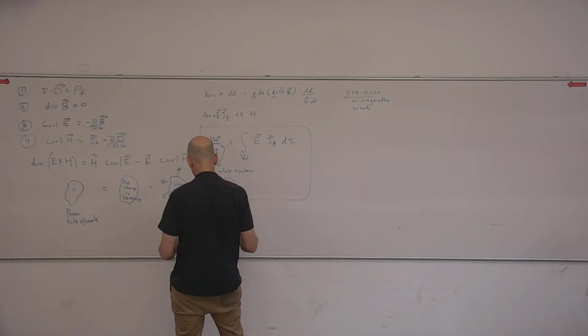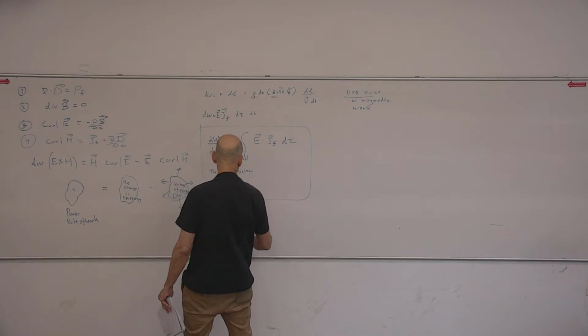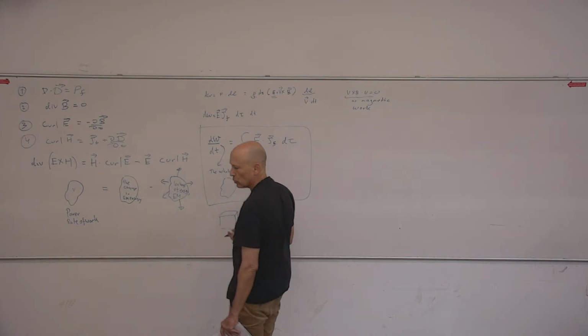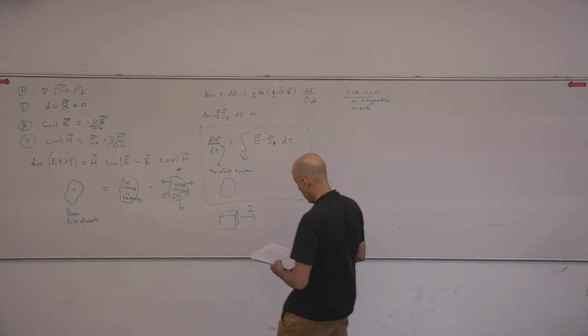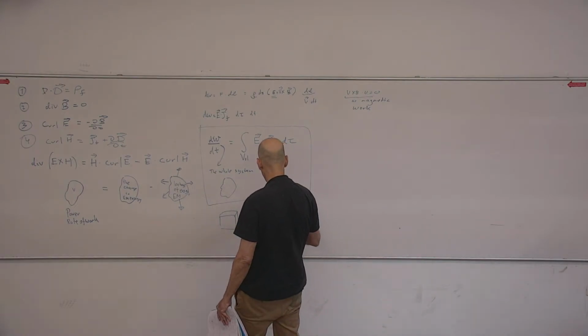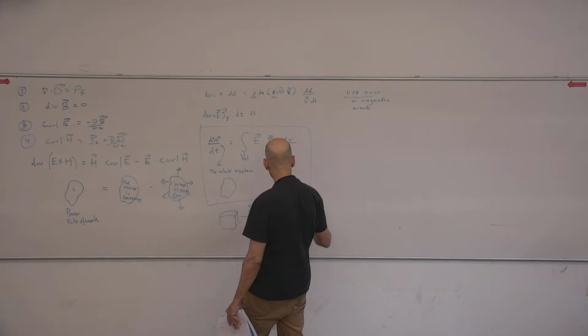So, in high school, what do we say? We have some material, and there is a current in this way. I, usually it's called, not J. So here we have J, but J is related to I, of course. What is J? I'm not going to write the vectors, but this is I divided by A. What is A?